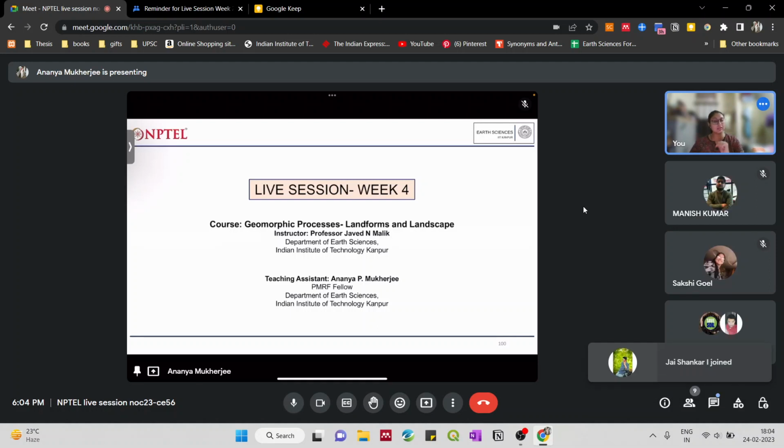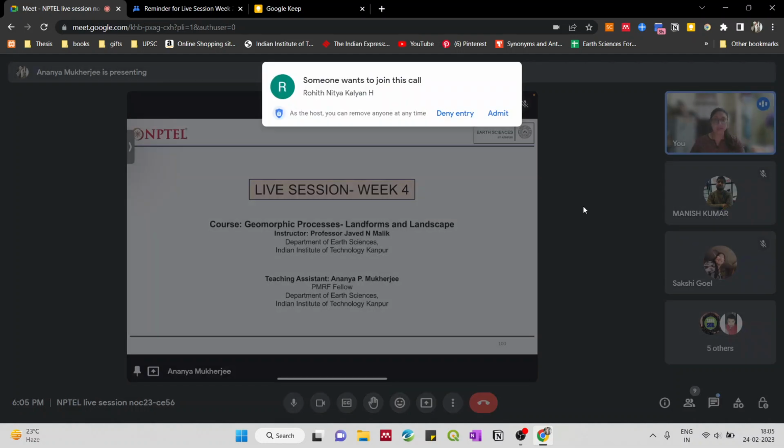In the last live session, we started with fluvial geomorphology. Fluvial geomorphology is the changes that are brought about on the earth surfaces due to the action of river systems, the water that is flowing through a river system, what kind of work it does, which in turn results in the different geomorphological features that we see on earth.